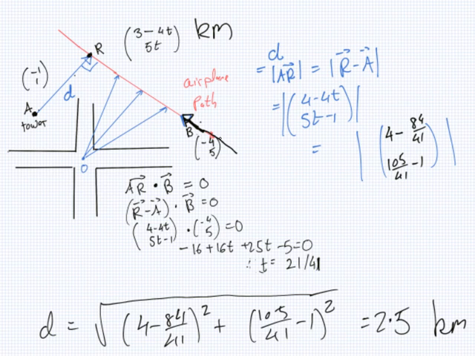The 3 doesn't really mean anything by itself because you can write this as 3, 0 plus t times minus 4, 5. So this is a point on the line and this is the direction the line is pointing. So this is a vector. This vector points to somewhere on the line and this is a vector and this points along the line. The 3, 0 only became important at the end when you had to sub in a value of t. Because obviously the 3 should matter when getting a distance here.